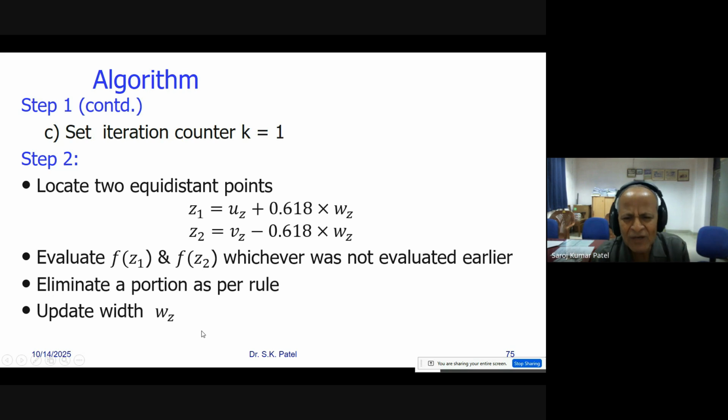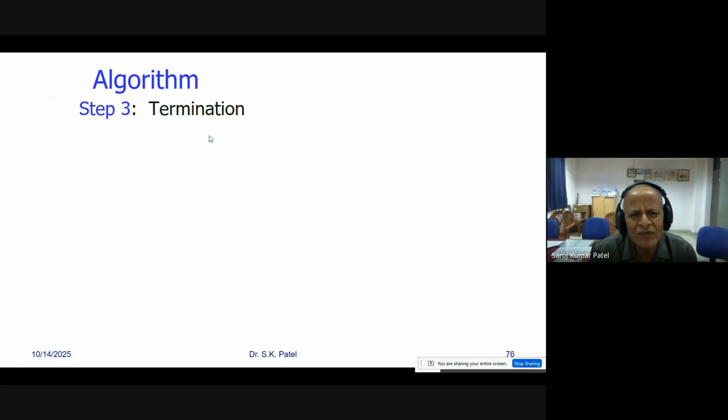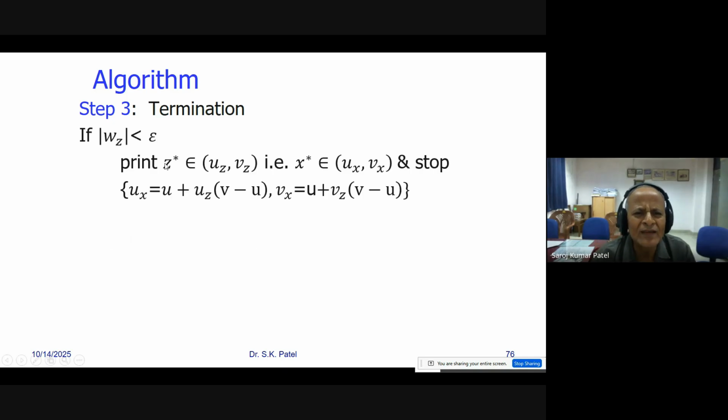We keep on eliminating such regions till the interval is reduced to a width less than or equal to epsilon, the accuracy that we require. Update this width, and the moment this wz is less than epsilon, we stop here and declare that the minimum point lies between uz and vz.